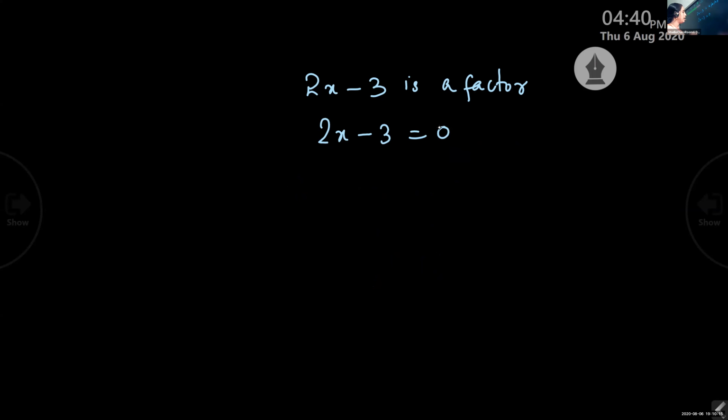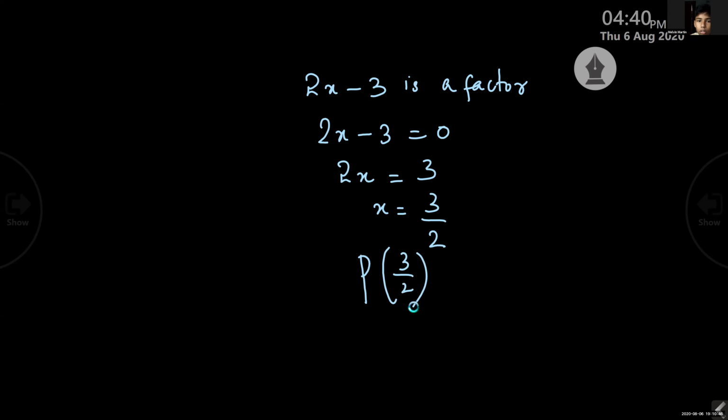Then what is x value? 2x minus 3 equal to 0. 2x equal to 3, bring that negative 3 to this side. And what is x? X is 3 by 2. So you should find p of 3 by 2. So whenever you get a factor, equate that factor to 0. So you get that x value.